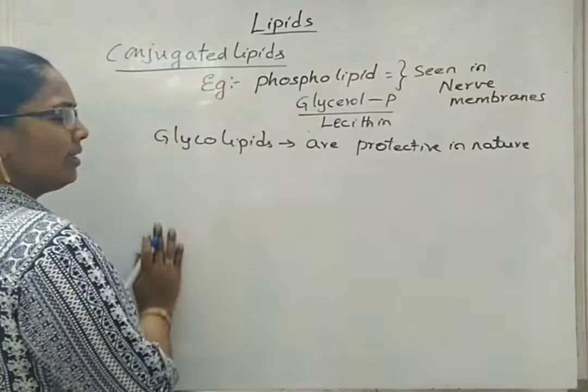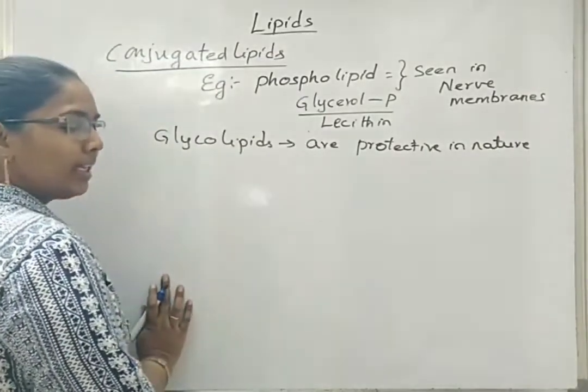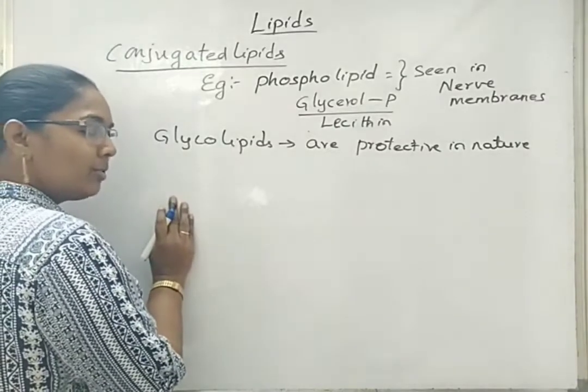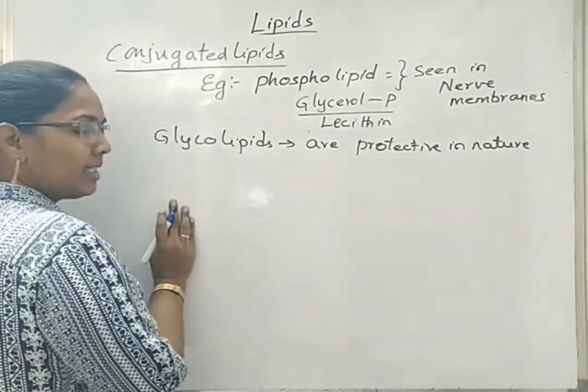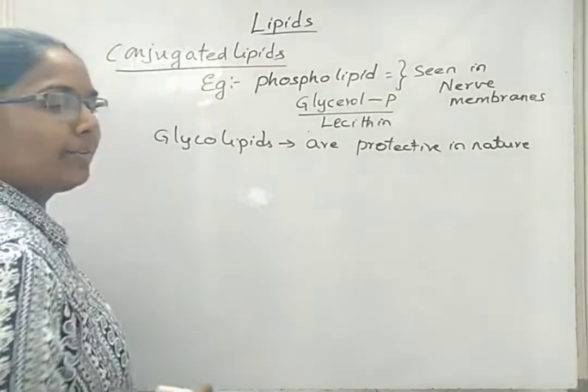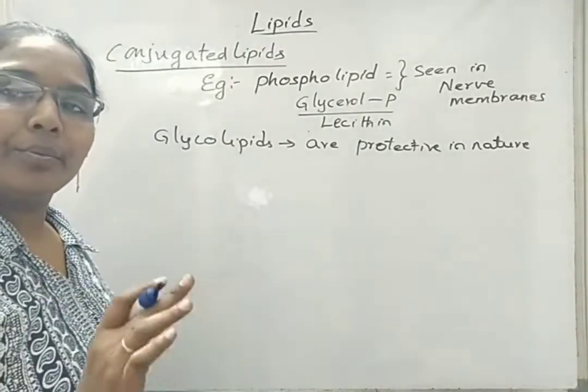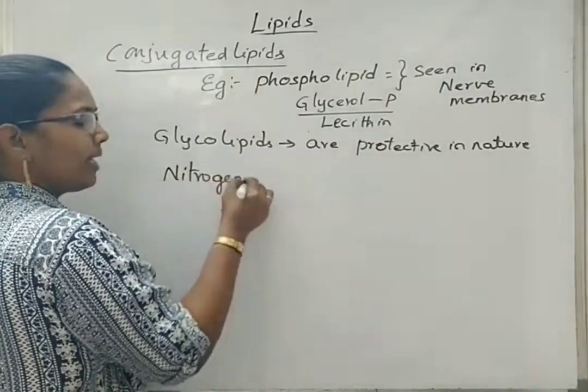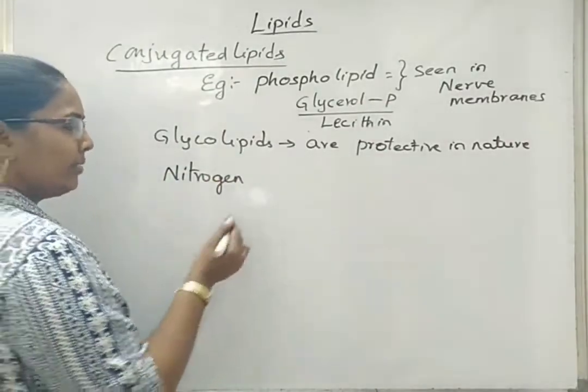Next, when a nitrogen base is combined with a lipid, the term changes. When nucleic acid is combined with protein, we give the term nucleoproteins. The nitrogen base can be adenine, guanine, cytosine, thymine, or uracil, any one.